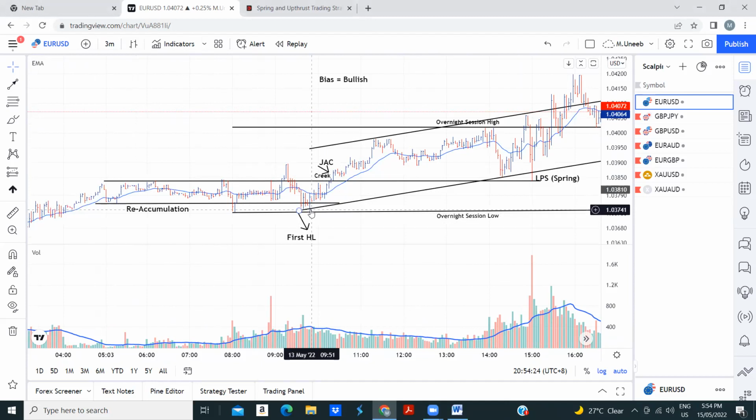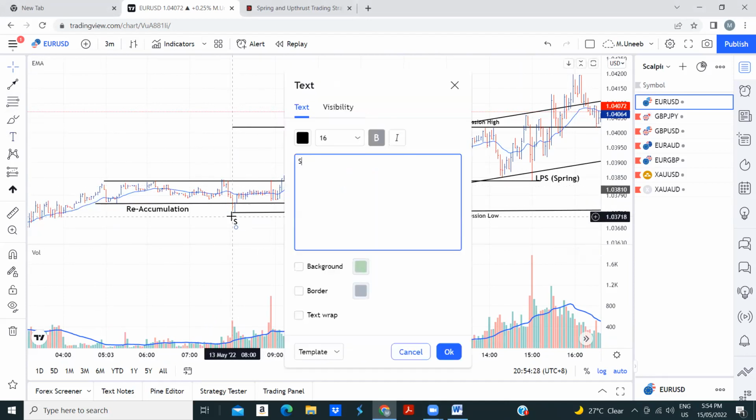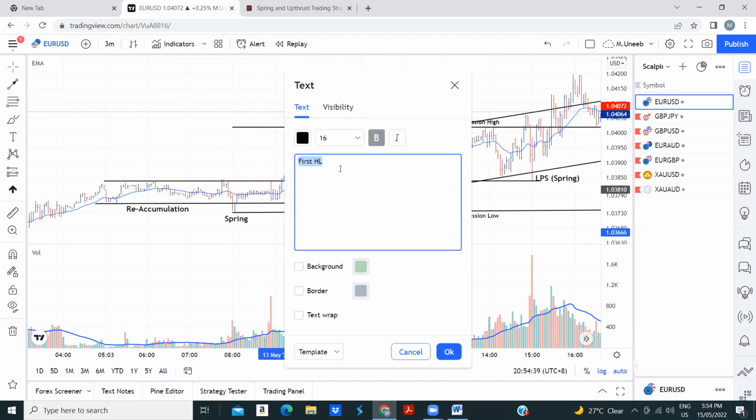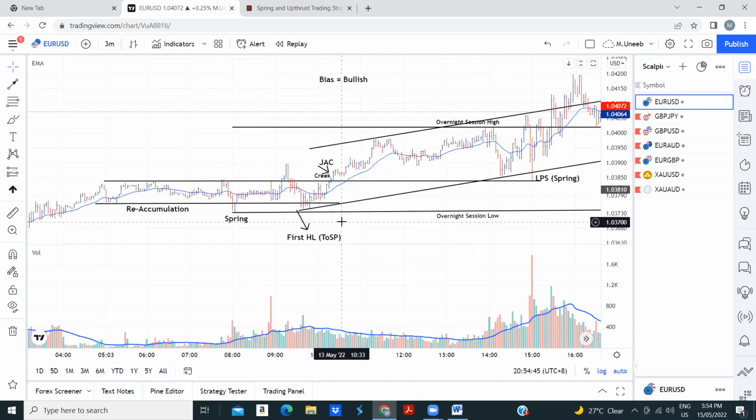This is the spring. You can easily identify the spring, and this one will be the test of spring. Am I right? Yeah. TOSP, test of spring.